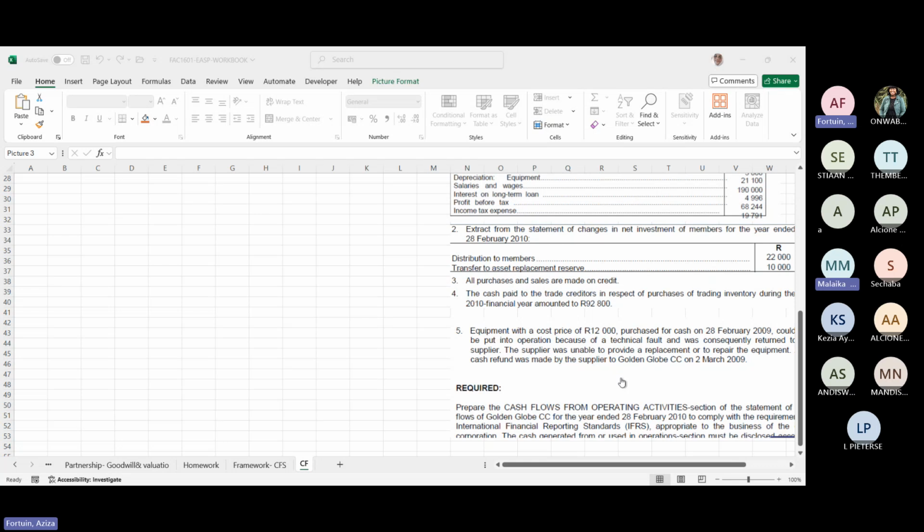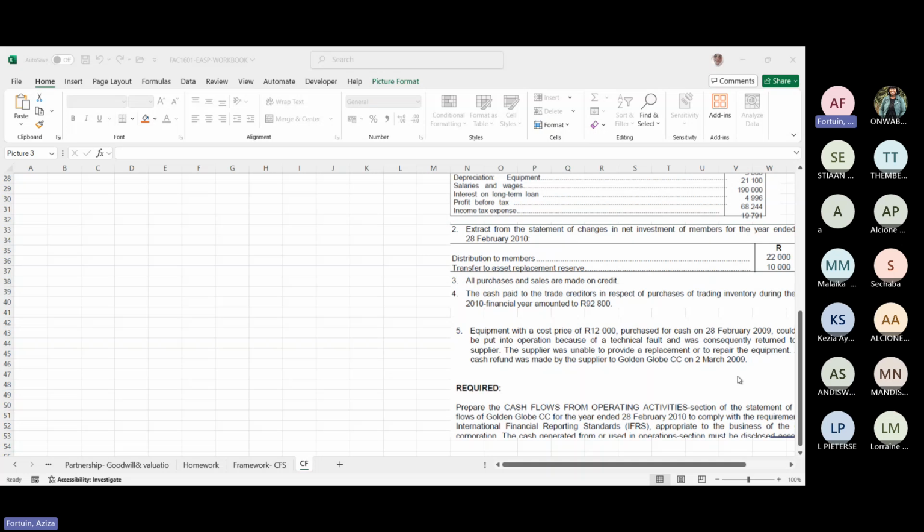Kezia, were they in your books? Or have you never seen that example before? I didn't compare if they were in my books or not. So they were new to me. Okay, no, that's fine. I just wanted to know if it's new examples or stuff that you haven't seen yet.